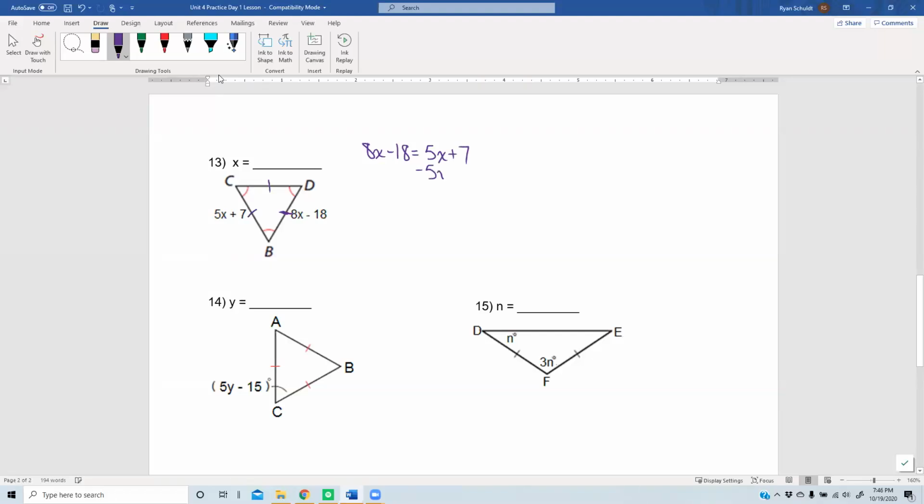I'm going to subtract my 5x. 8 minus 5 is 3x minus 18 equals 7. Add 18. We're going to get 3x equals 25.